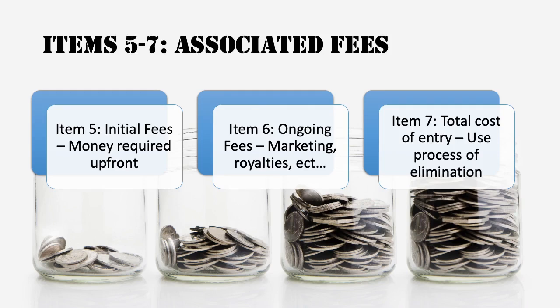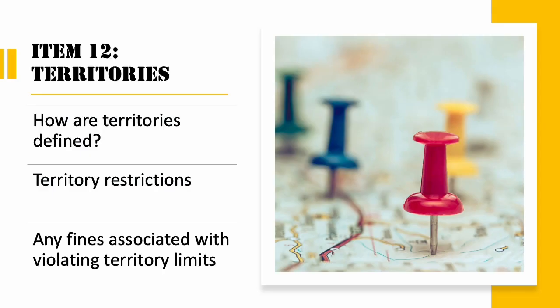Items 5 through 7 are the associated fees. So it talks about the initial upfront costs, how much money it's going to cost, your ongoing costs, a breakdown of the initial costs. Pretty much anything having to do with money today or ongoing is included in those sections.